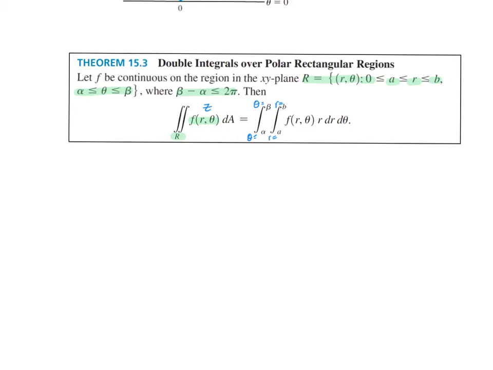The dA is going to break up into r dr d theta. That r has to be there. In later sections, we're going to actually prove why this is true. But for now, whenever you're trying to compute a double integral in polar coordinates, you have to have that r dr d theta.